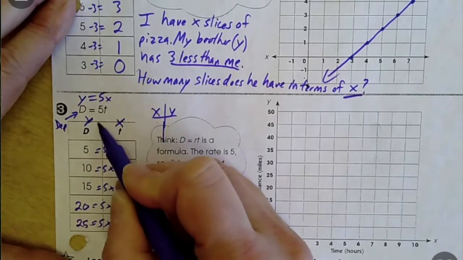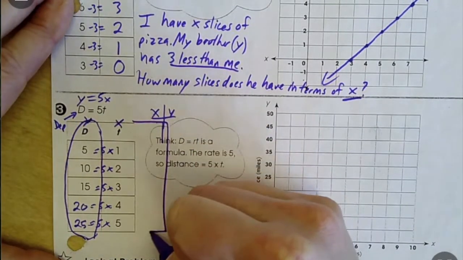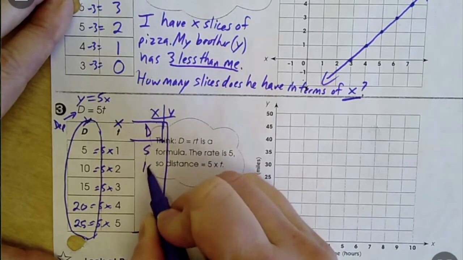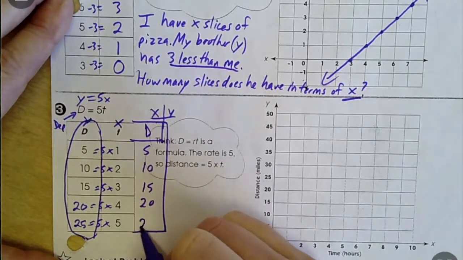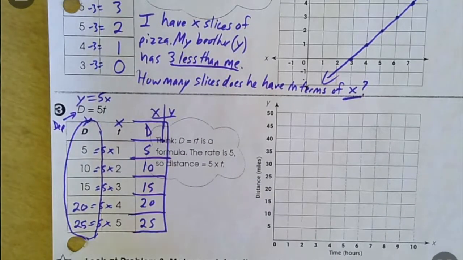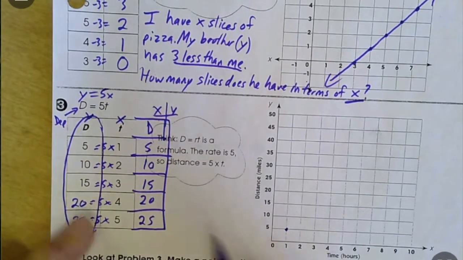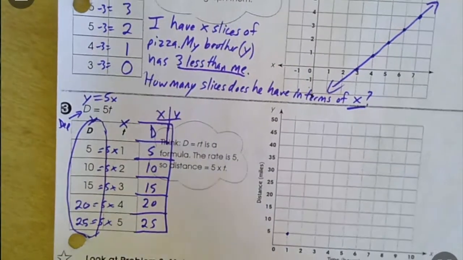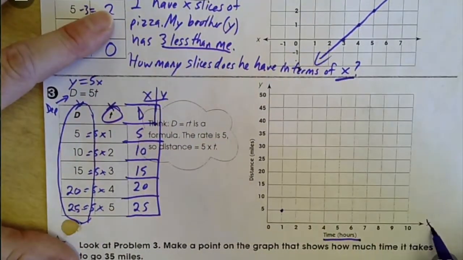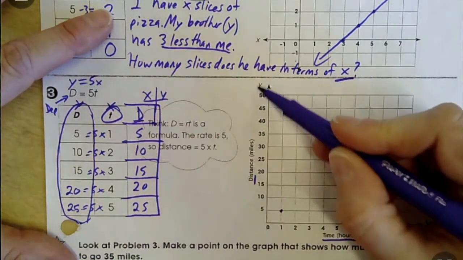So if it makes more sense to take this whole column for y and move it over here, your d, and then just have your 5, 10, 15, 20, and 25, that makes more sense when you're graphing it, because you're not going to graph 5, 1, you're actually going over 1, 5, to 10, not 10 to. The reason being time, hours. There's your T for time. That's over here on your X. And then your distance, which was the D for distance, is over here on the Y axis.